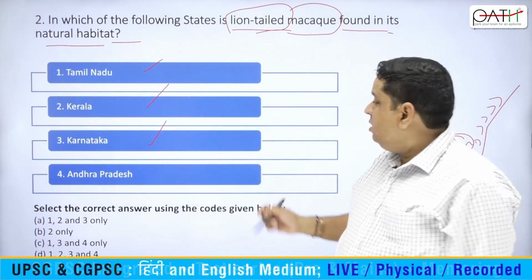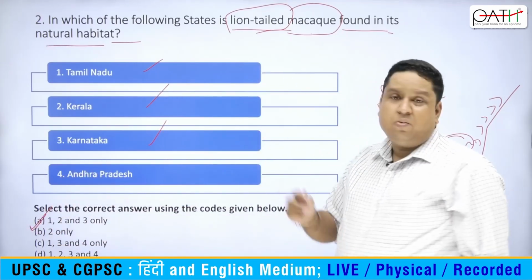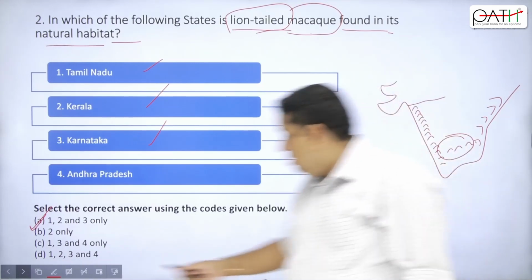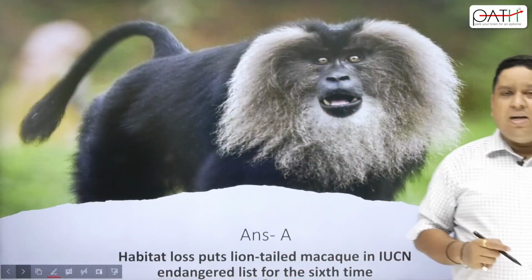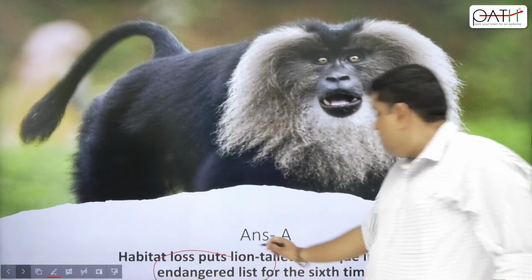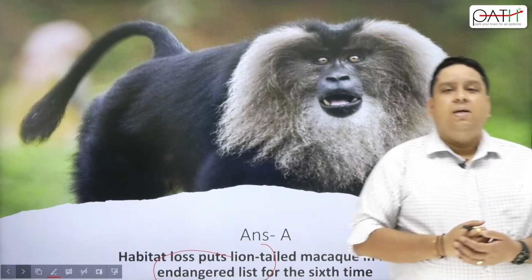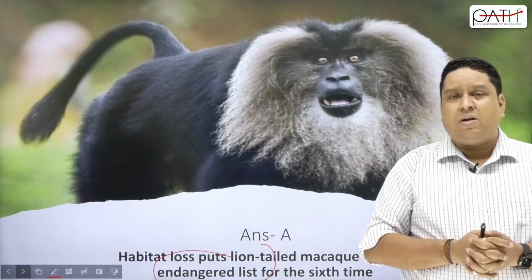So answer will be 1, 2, 3. That means your answer will be option A. Lion-tailed macaque will appear like this. And right now it's an endangered species because of its habitat loss. It is categorized as endangered under IUCN Red List.